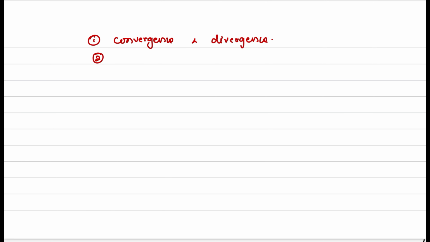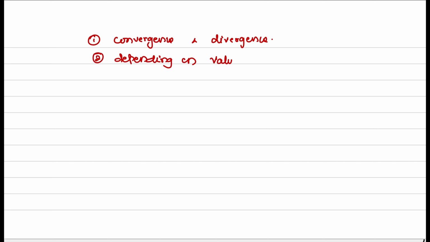To find the convergence and divergence of a series, and also a series with variables n and a, we have found the series value depending on the value of a, where a is equal to 0, a is equal to 1, a is greater than 1 and 0 is less than a is less than 1.